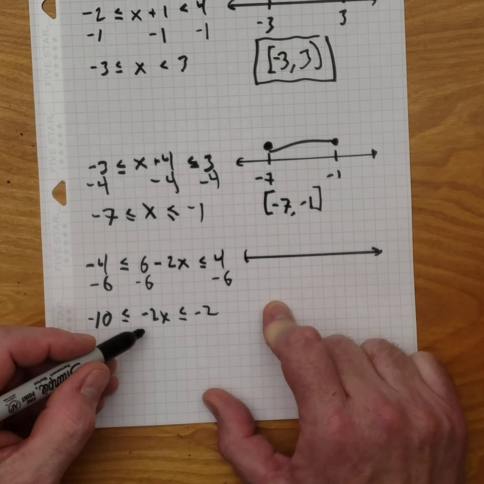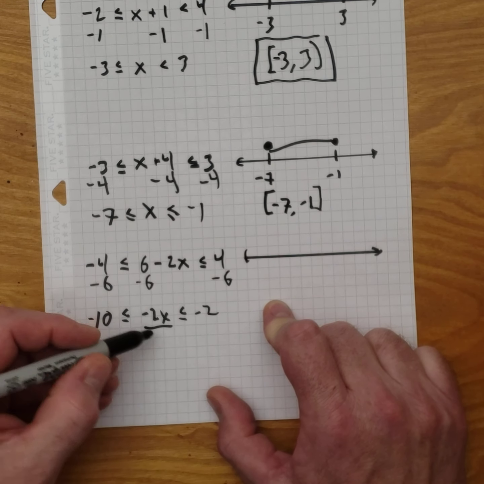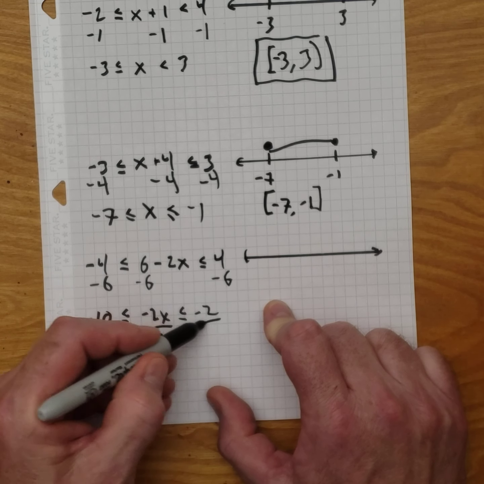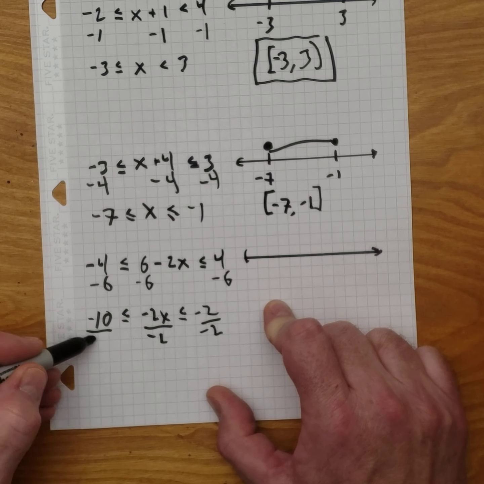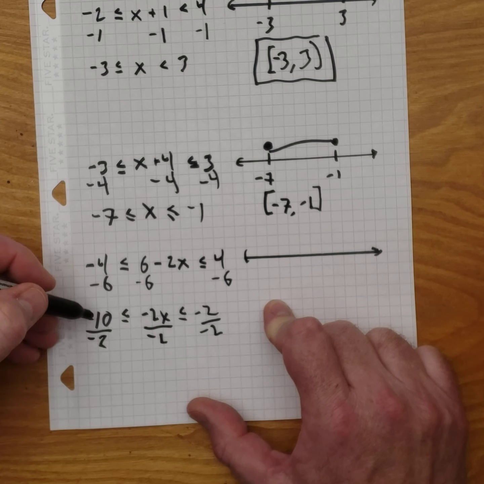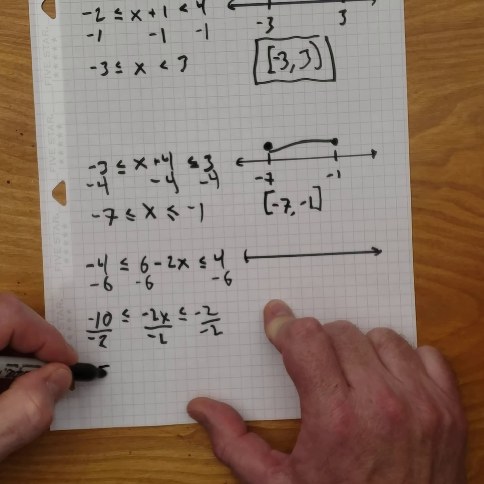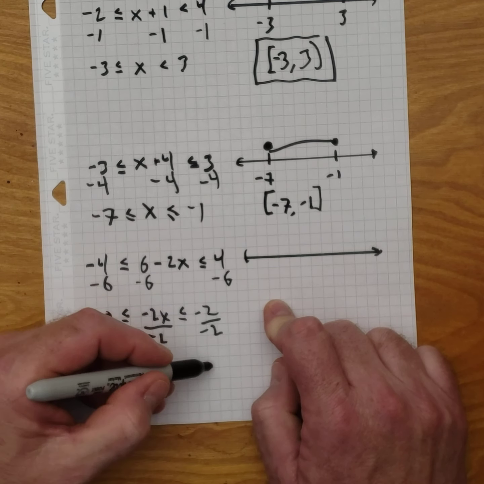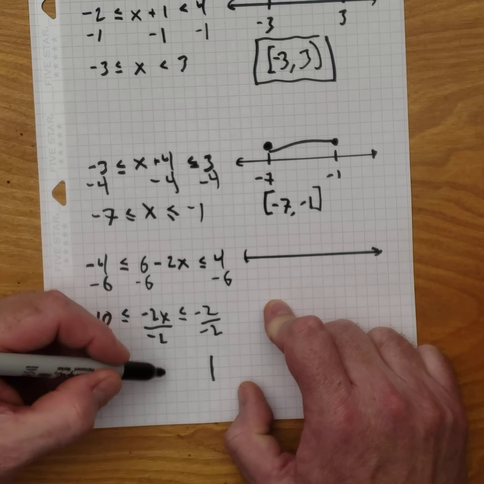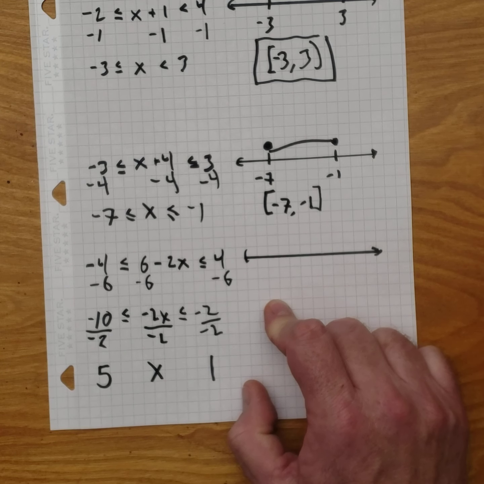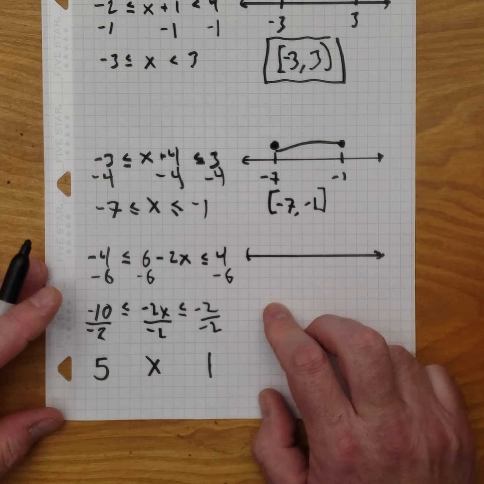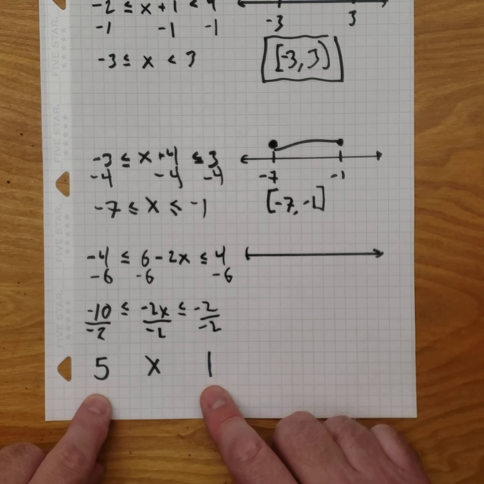All right, now we need to get rid of that -2, and we're going to do that by dividing. Divide all three parts by -2. That'll give us a +5 here, a +1 there, and just a plain old x here. And if you're paying attention, you should notice that these are out of order.